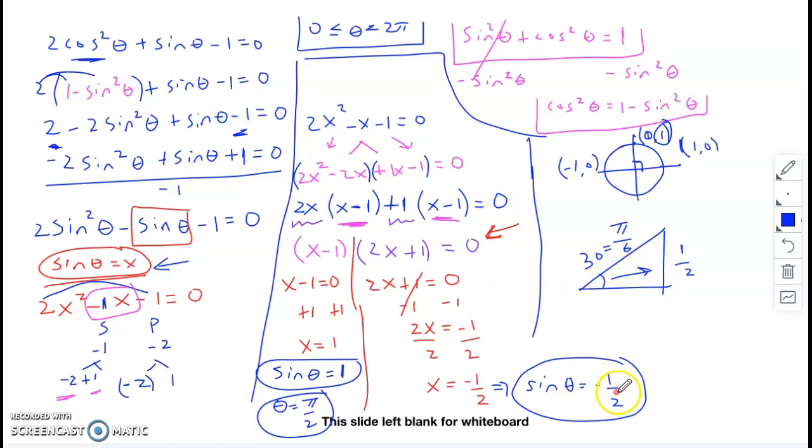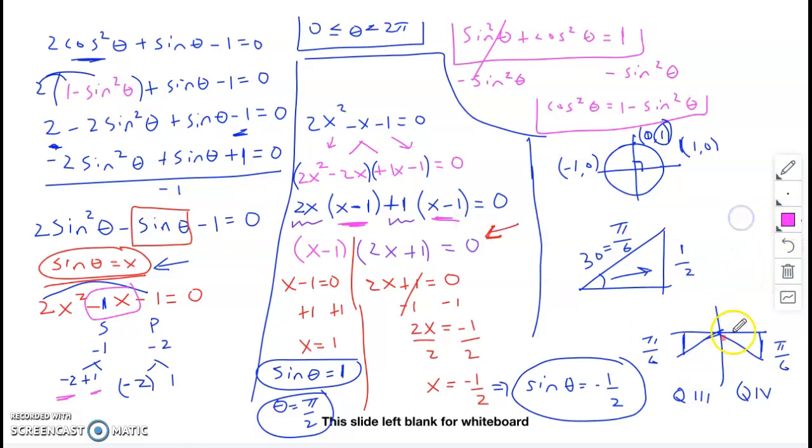My sine is negative on Q3 and Q4, because it's the y value. Y is negative on Q3 and Q4. My reference angle is 30, so I draw right there pi over 6 and pi over 6. I have to find my angles.